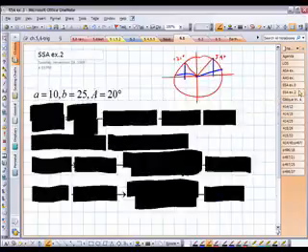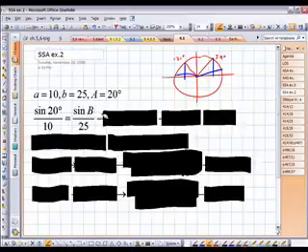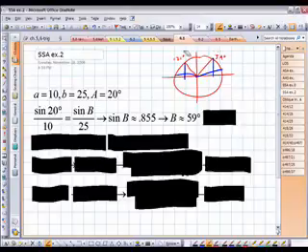Now, let's contrast that with the 2 triangle example. So here we have a is 10, b is 25, A is 20. Using the law of sines, sine of 20 over 10, so sine of A over a equals sine of B over b. When I solve this for sine B, I get 0.855. Now, inverse sine of 0.855 gives me 59 degrees. So I drew 59 up here in my unit circle, noting that 121 is the supplement of that, and that would also give you a sine of 0.855.